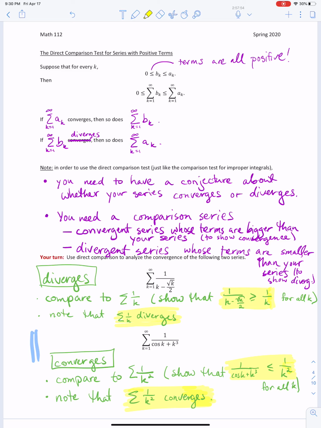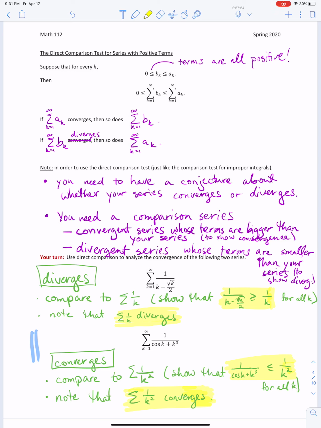The reason I elected to use 1 over k squared and not 1 over k cubed is because cosine of k can be as small as -1, and I didn't want the possibility of a negative value of cosine of k making this inequality not hold.